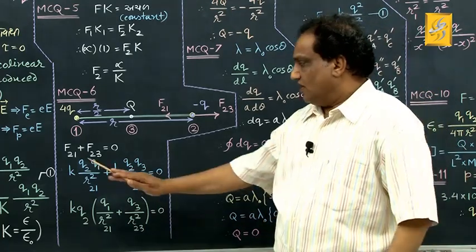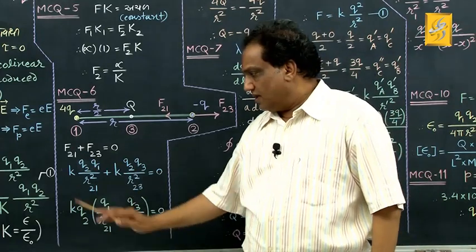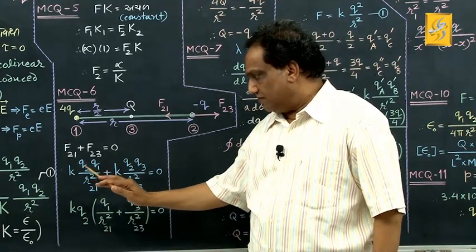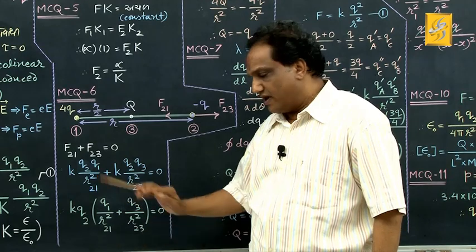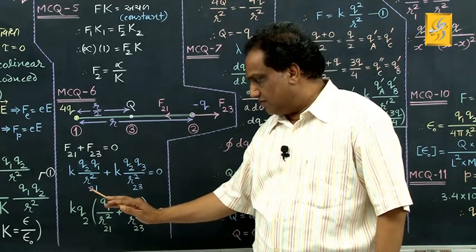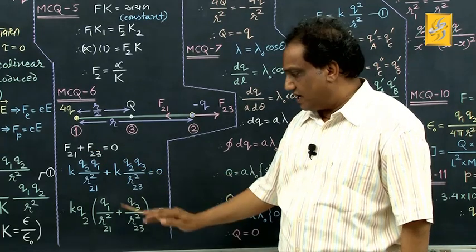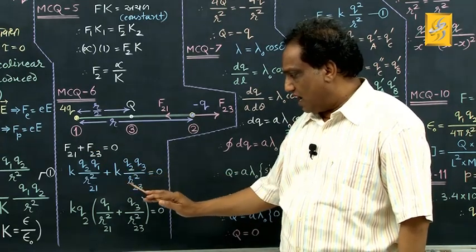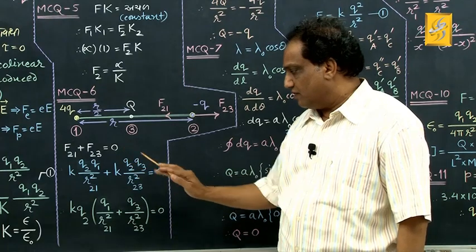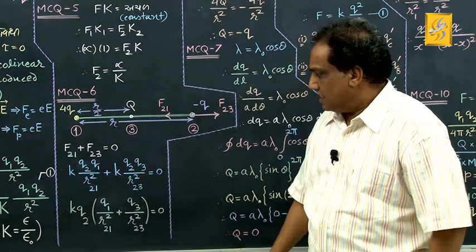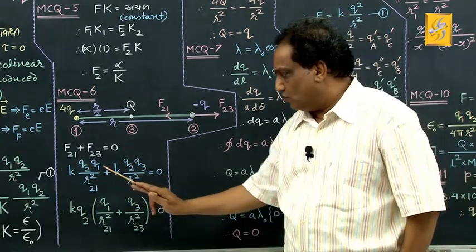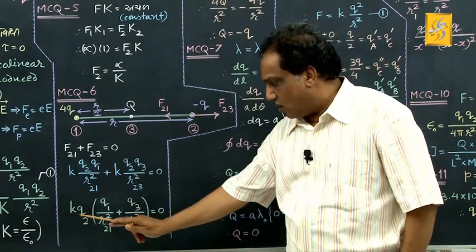What is F21 by Coulomb's law? K Q2 into Q1 upon R21 square. What is R21? Distance between the second and first charge. Similarly, F23 is K Q2 Q3 upon R23 square, and that should be taken 0. Correct? Now K Q2, this much part you can take common.